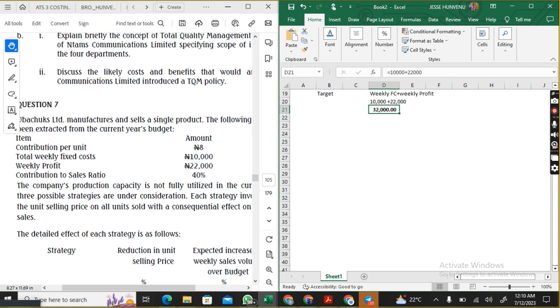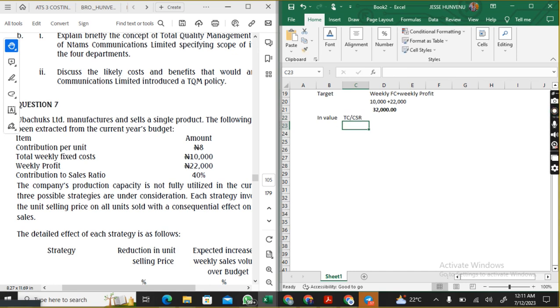And we are calculating in value. So in value, the total contribution that we have, which is fixed cost plus profit, is divided by the contribution sales ratio.